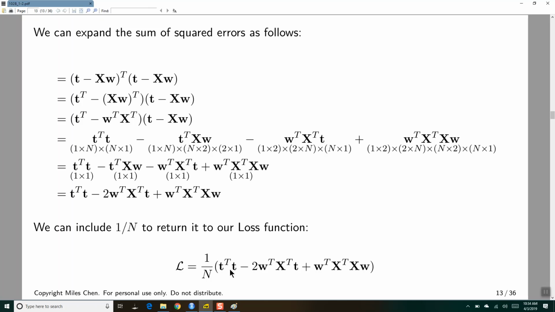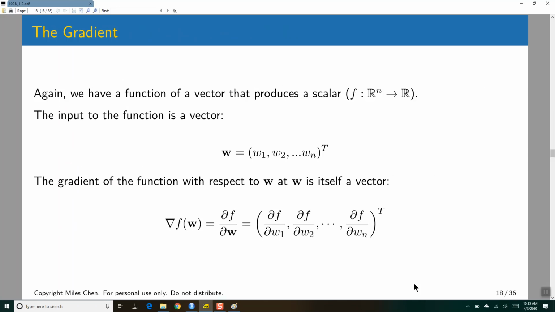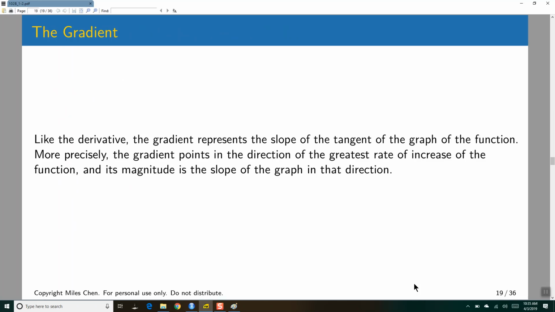And so if I take the gradient of L with respect to w, what dimensions will that have? 2 by 1, because w is 2 by 1, the gradient will also be 2 by 1.